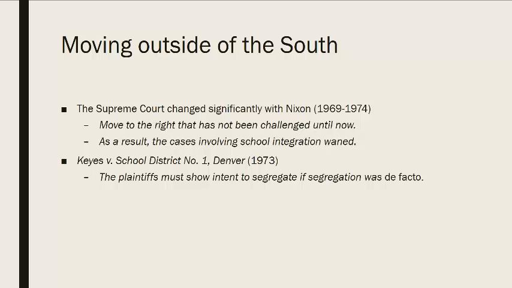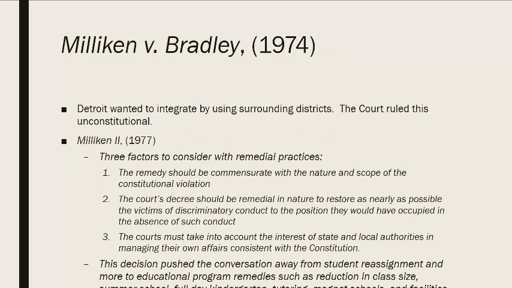Okay, so you can see the court is not only going to hear less cases, but their emphasis is going to start being less. They're pulling away from decisions impacting positive change for schools as far as integration goes.